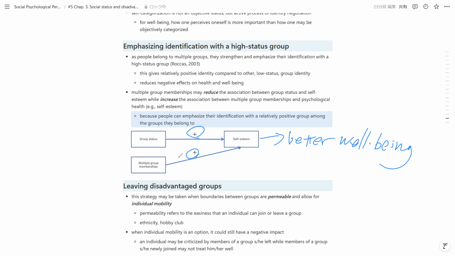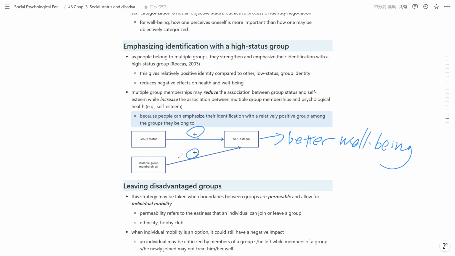Okay, so because of such emphasis that people could put, the link between group status and self-esteem can be weakened.